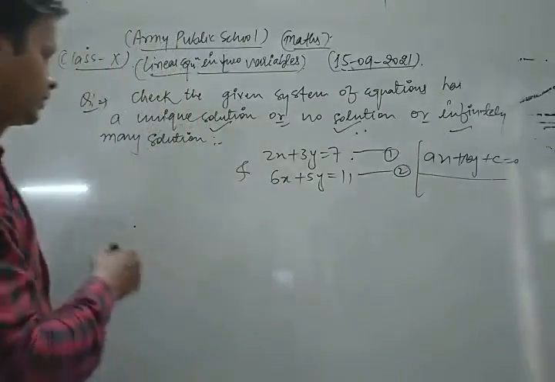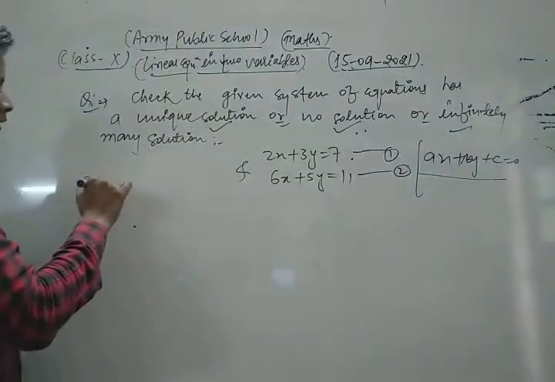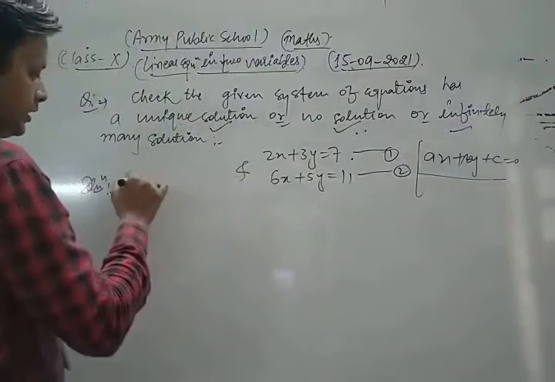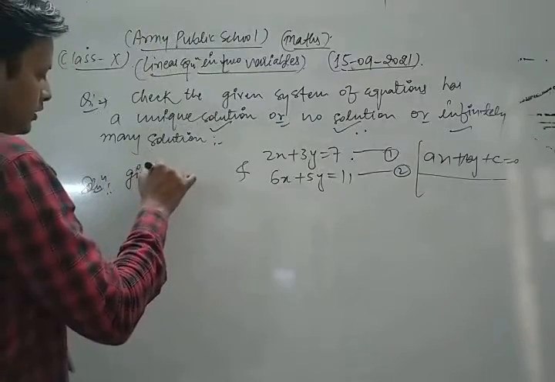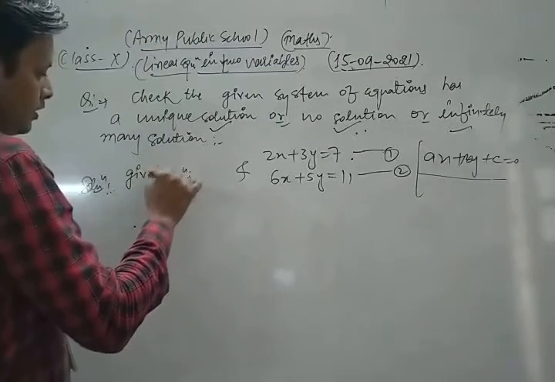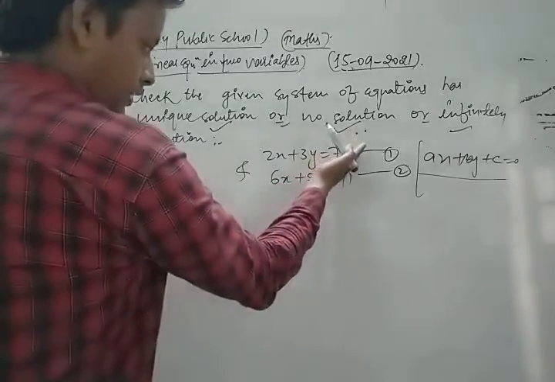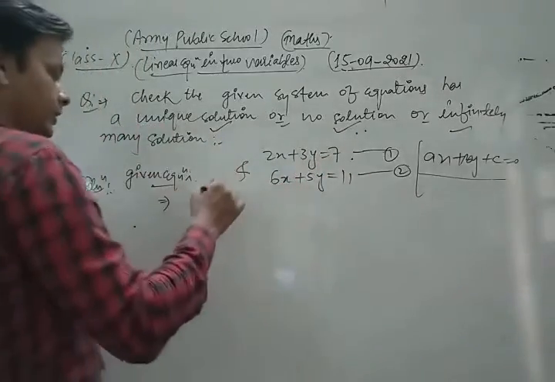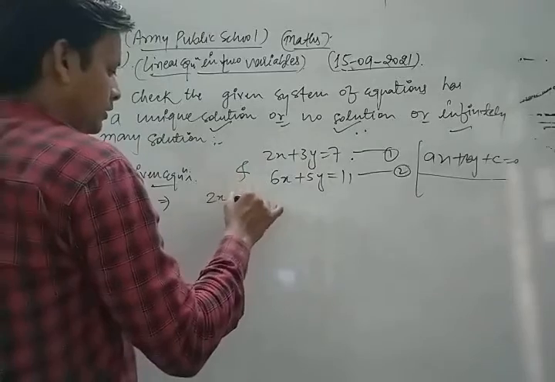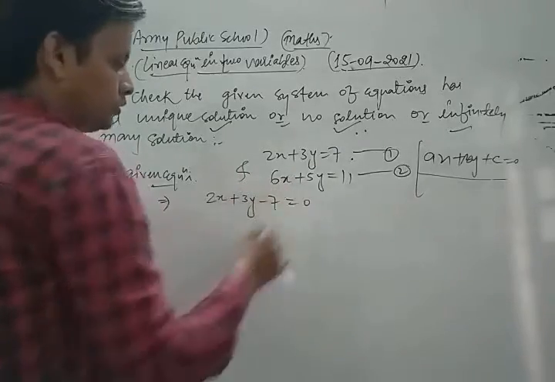Now let's see the solution. First we can write the given equations. We transfer 7 to that side, so we get 2x plus 3y minus 7 is equal to 0.